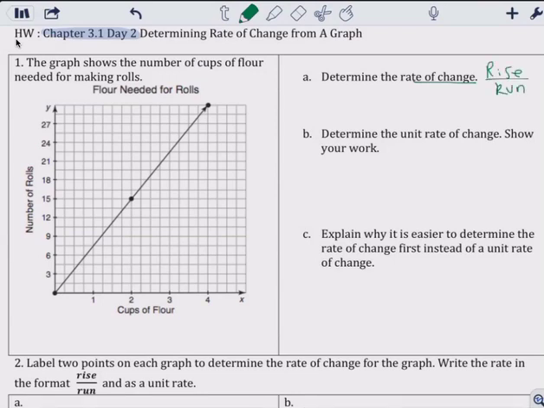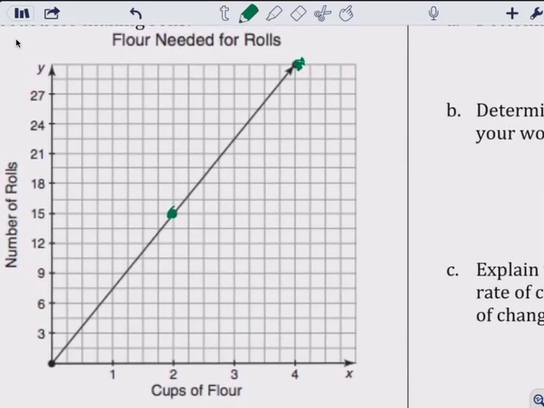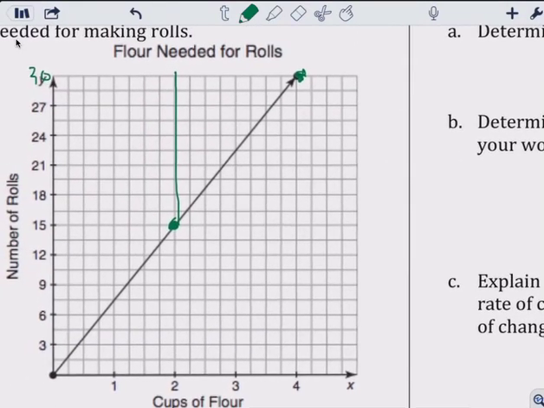So if you just do rise over run from any point, let's start at this point. We want to end up at this point right here. So we rise from 15 to 30, it's increasing by 3, so 15 to 30 is rising 15.